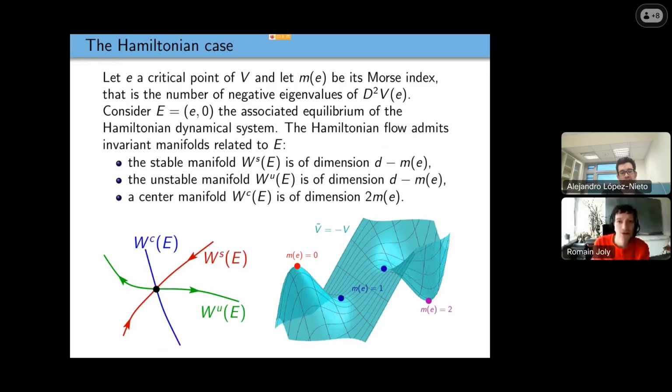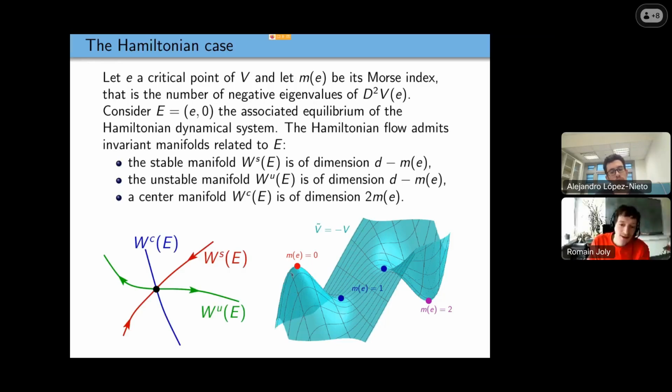I'm not sure how much you know about this, but just to give you a slight insight: if you consider a particular equilibrium point, you can introduce the Morse index of the equilibrium point. There are several definitions, but in this talk, the Morse index is just the number of negative eigenvalues of the Hessian of the potential.